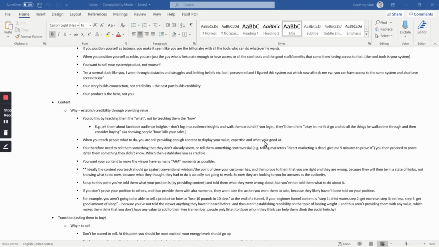That's basically what we're trying to do with the content: position ourselves as the authority and thus establish credibility, right? So we're showing them that we know that different tools, different components of whatever you're offering exist. We're also speaking about it in such a way that clearly shows our understanding of those things.